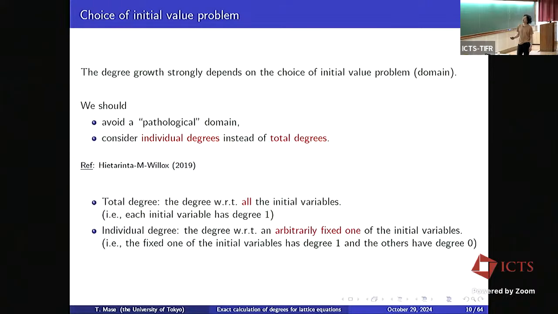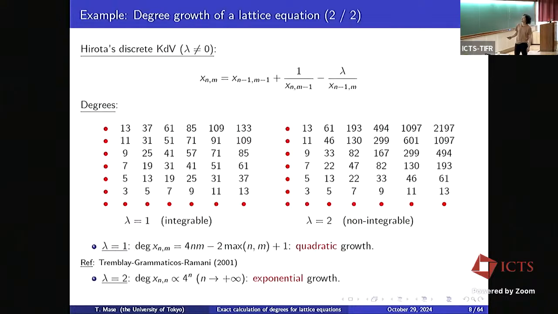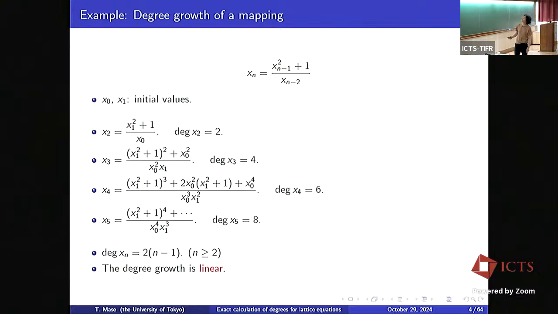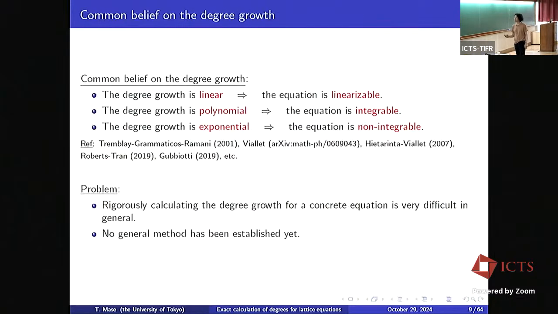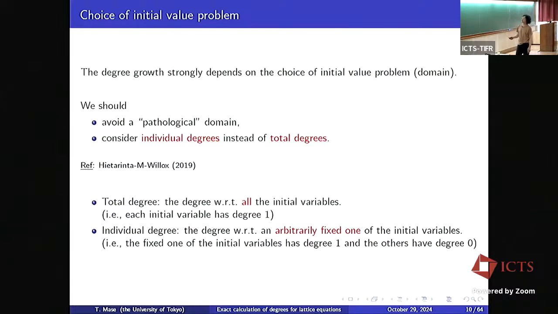And we should consider individual degrees instead of total degrees. All the degrees we've seen until now were total degrees. What is the total degree? The total degree is the degree with respect to all the initial variables, meaning each initial variable has degree 1. This is the normal degree.